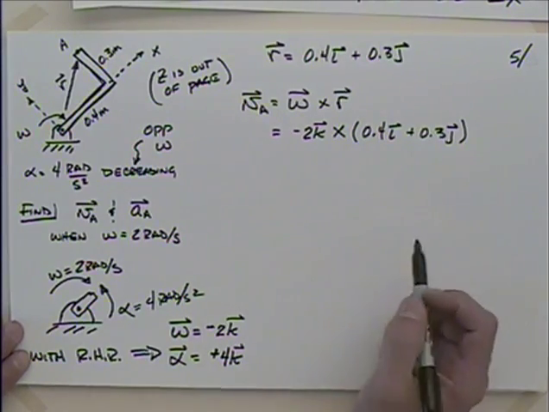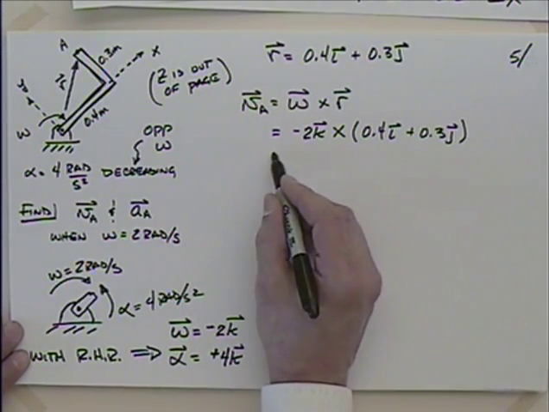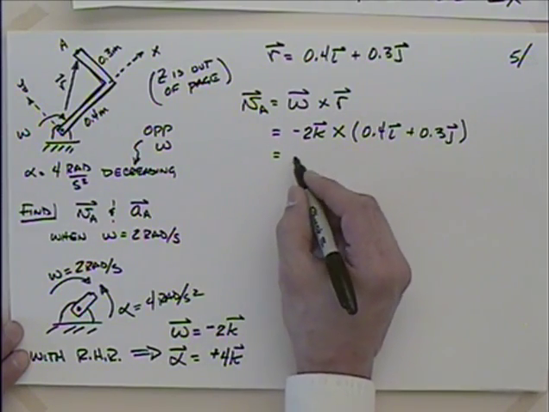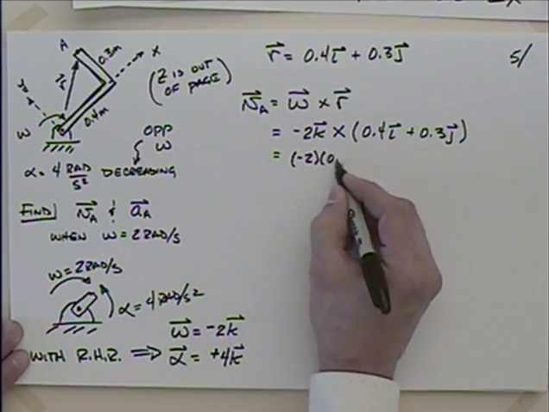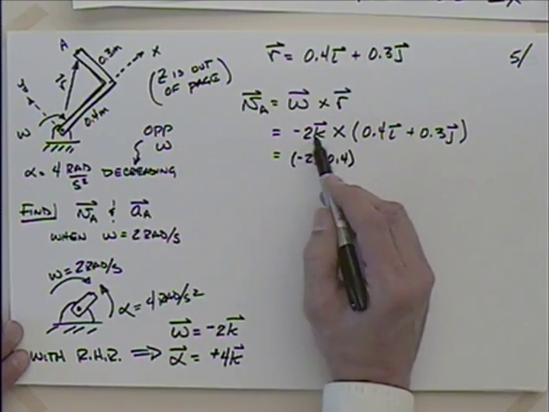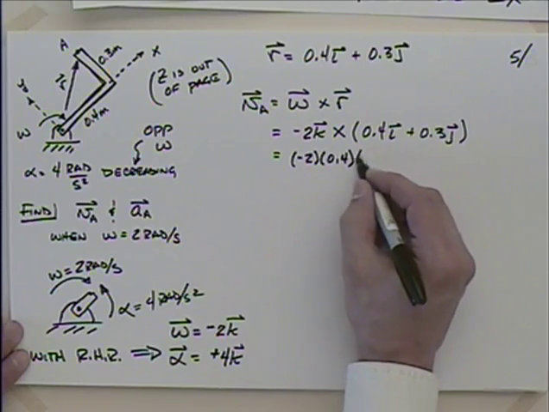So, I mean, you could set this up as a matrix. You could put it in your calculator. It's pretty easy to do by hand. What are we going to have? You're going to have minus 2 times 0.4. And what do we have with k cross i? Positive j, right?